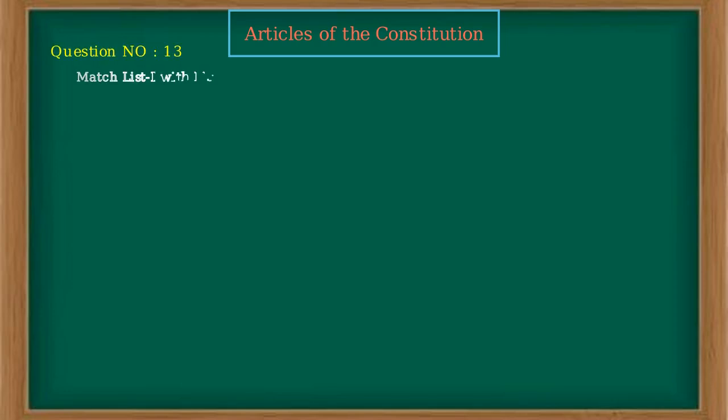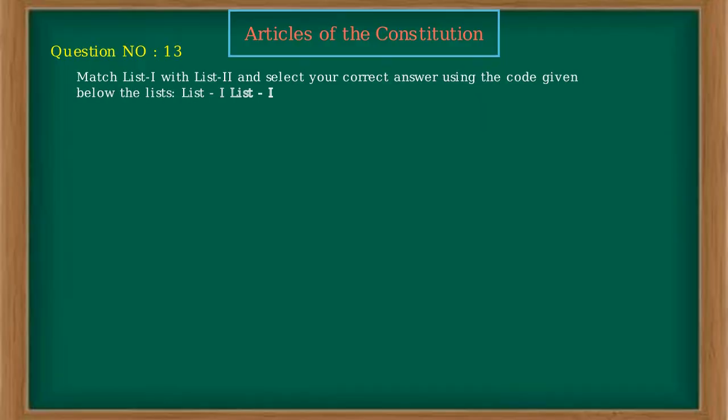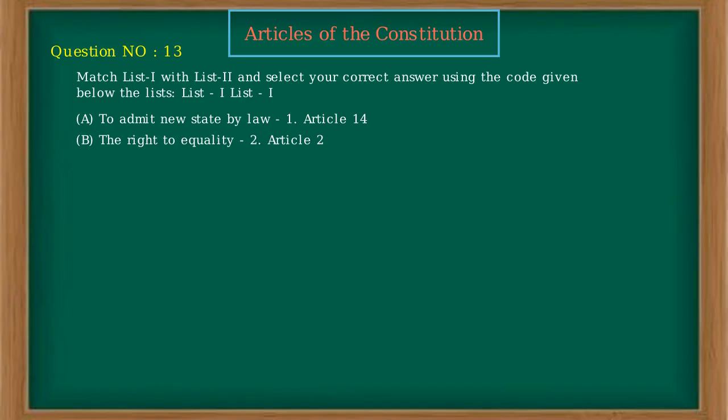Match List 1 with List 2 and select your correct answer using the code given below the lists. A. To admit new state by law, 1. Article 14. B. The right to equality, 2. Article 2. C. Protection against arrest and detention, 3. Article 111.